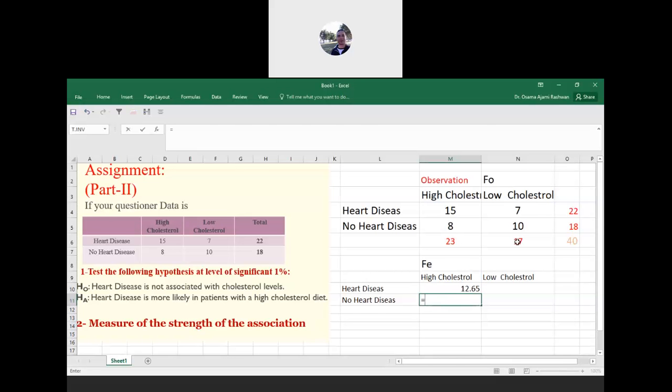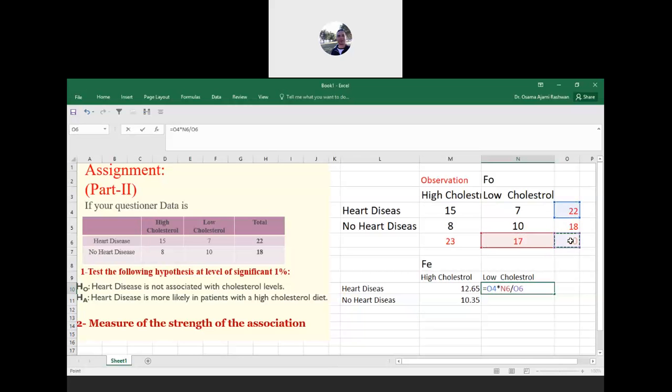But I can press equal. For this one, I go for the sum of its row, shift and 8 to make multiplication. I'm dealing with this 8, so I also go for its column, dividing by this total number. So I press it. Now for the 7, I go for its row and its column, so I multiply this one, shift and 8, by its column, divided by the total number.